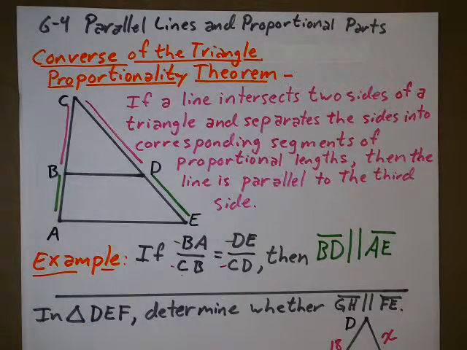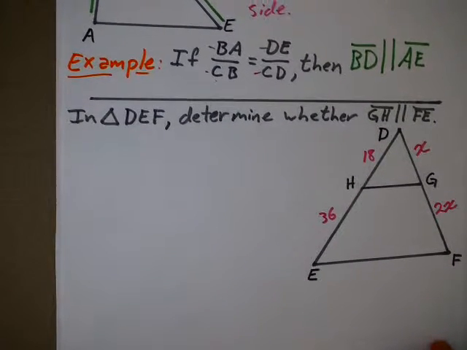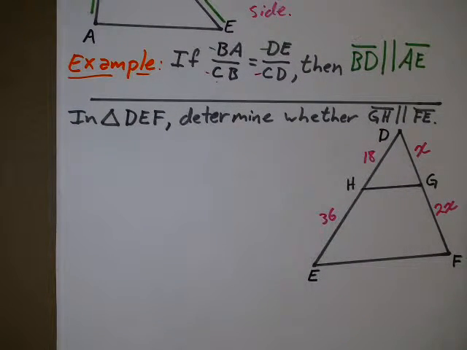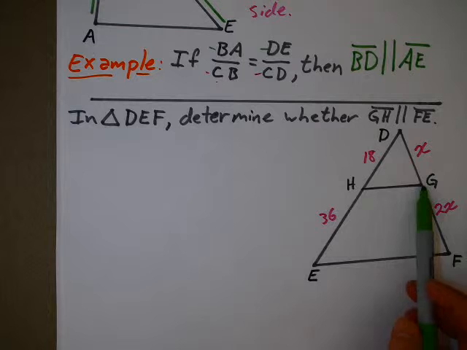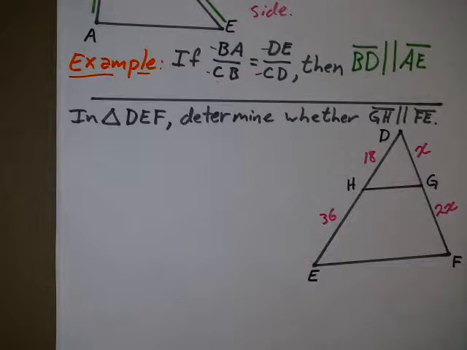Okay, so let's take a look at what a problem you might see in a test or in homework might look like. It says, in the triangle DEF, determine whether the line segment GH is parallel to EF.